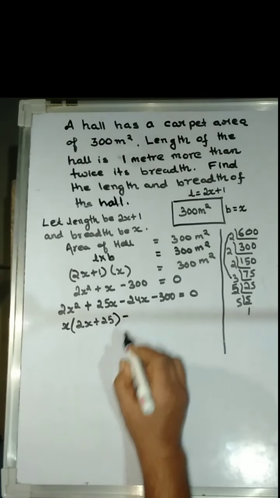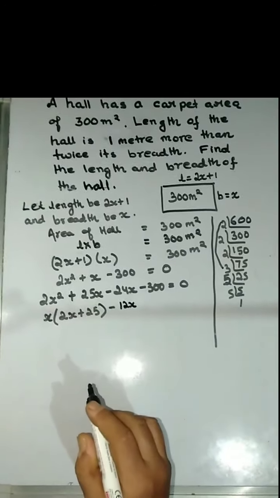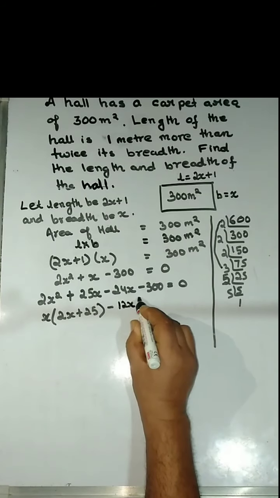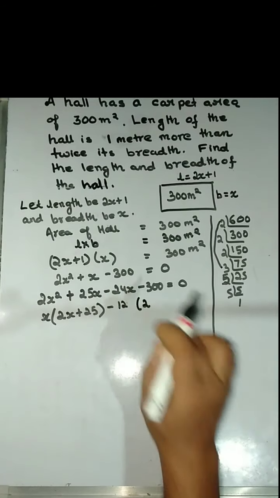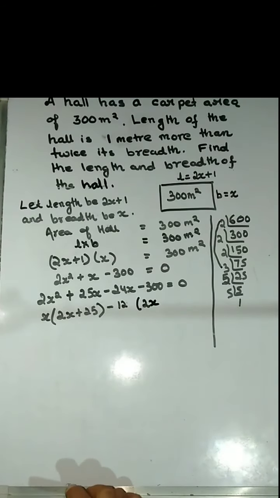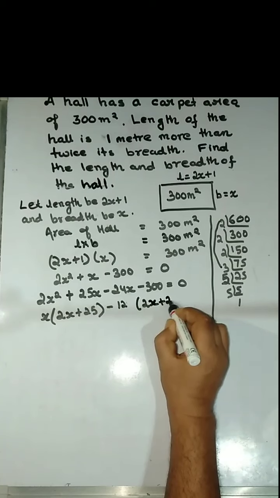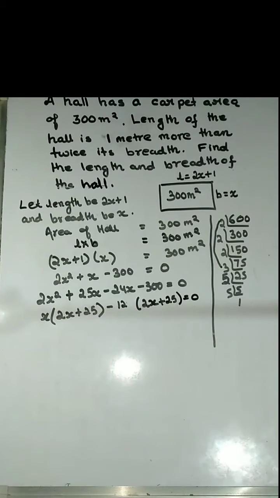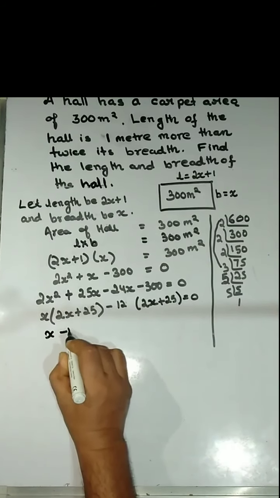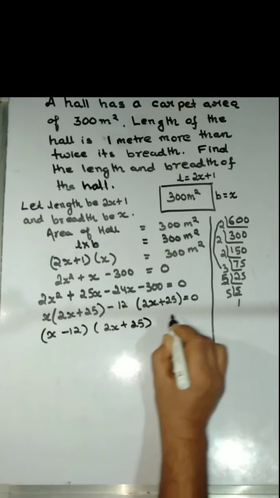So 24, you put your 12, minus 12x, okay? And then minus 12x, and that would give you 12 into 2. 12 into 2x would give you 24x, minus into plus would give you minus, and 12 into 25 would give you 300, and this is equal to 0. Sorry about putting the x there. Now you have x minus 12 and 2x plus 25 is equal to 0.